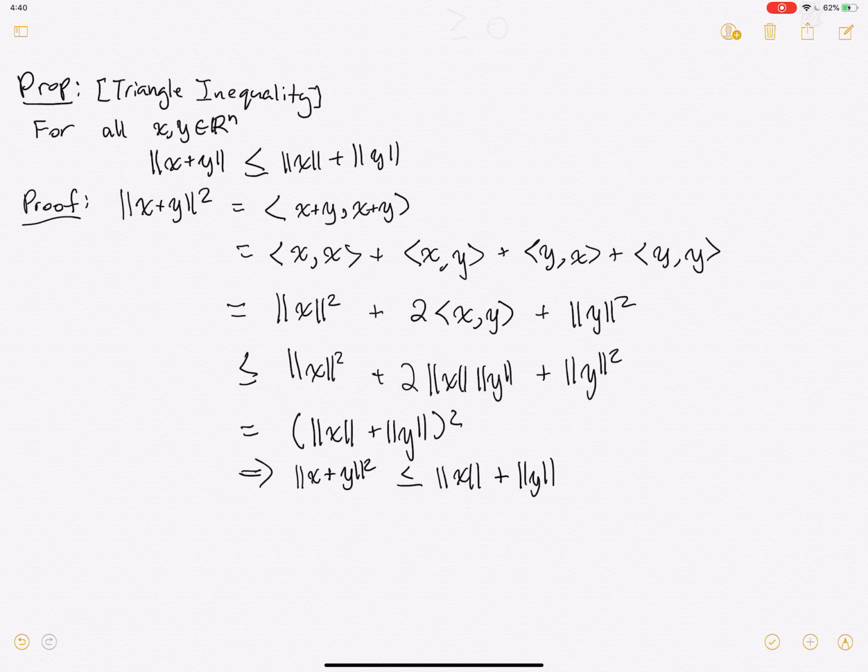So the norm of x plus y, squared, is at most that squared, and if you take the square root, you get the triangle inequality as promised.